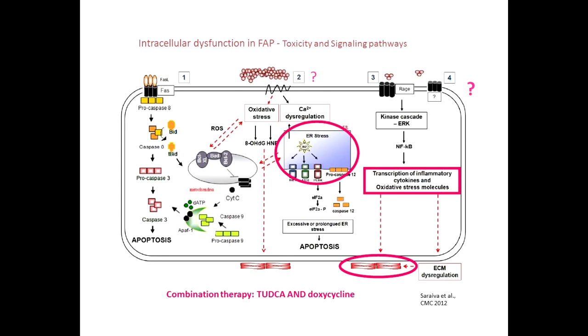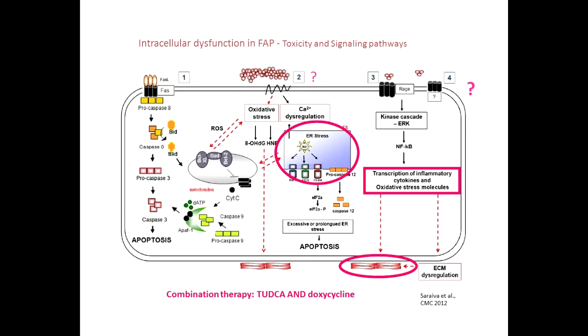And we looked at the different branches of ER stress, in particular this activation of PERK kinase, that phosphorylates this translation factor, eIF2 alpha, which then is going to activate caspase 12 and 3, leading to apoptosis.